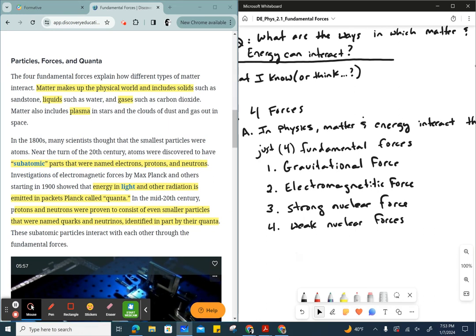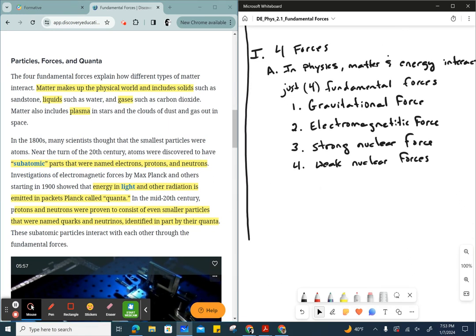The next section in our notes that we're going to quickly discuss, just to get us thinking about these general forces, is titled Particles, Forces, and Quanta. You know about particles. You've sat through science classes and you know there are atoms made up of protons, neutrons, and electrons. If that's what you're thinking, you're on the right track.